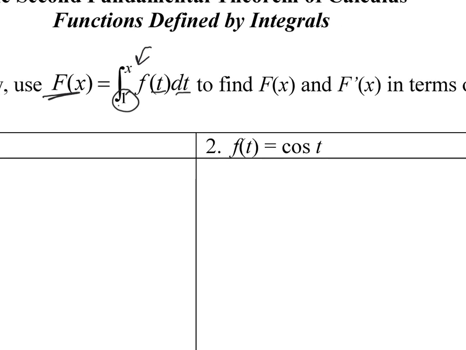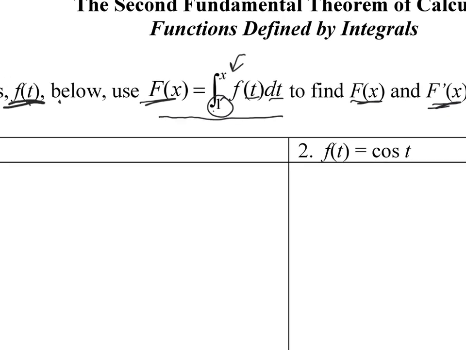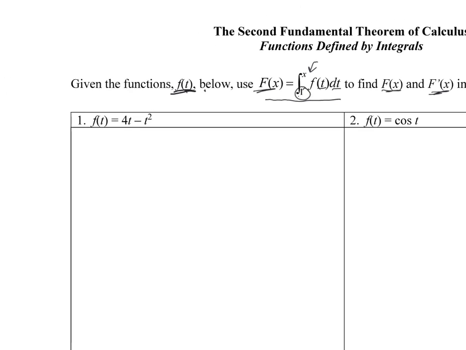He wants us to find big F of x, and when I get done with big F of x, take the derivative of big F of x. What you are going to find out, in a nutshell, is that f of t becomes f of x. It really does in the long run when we get done.